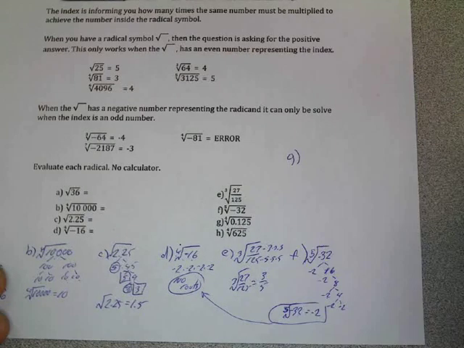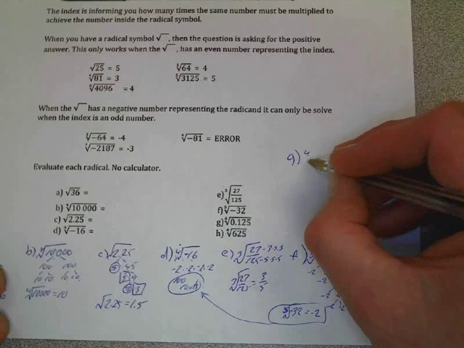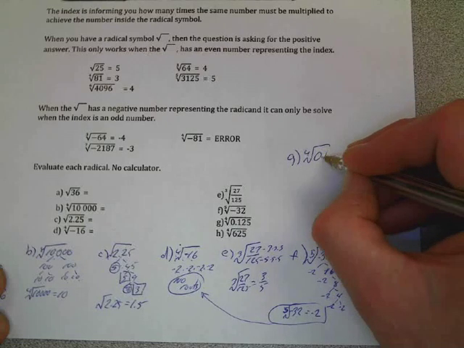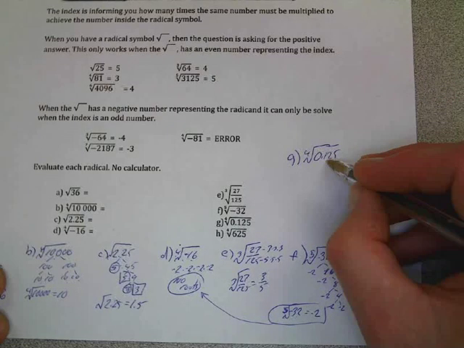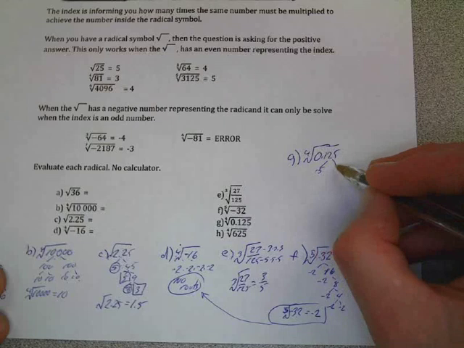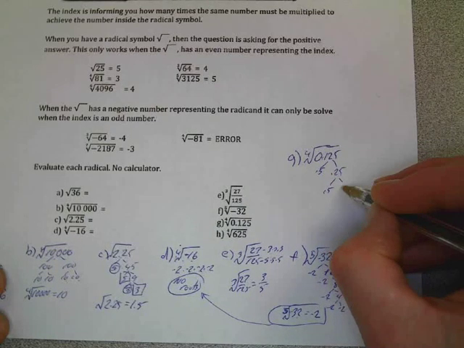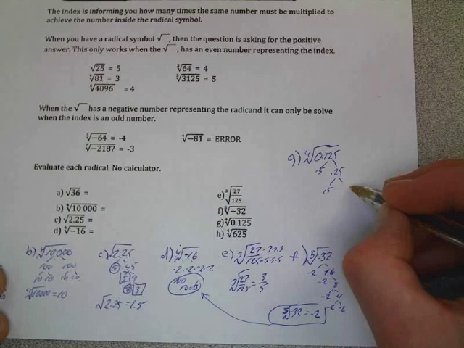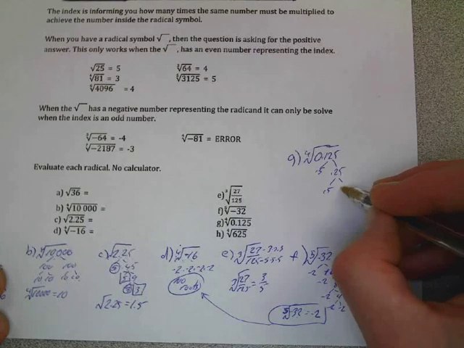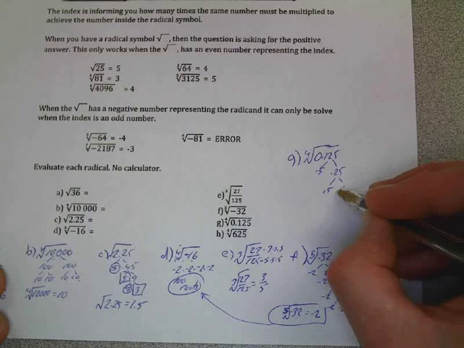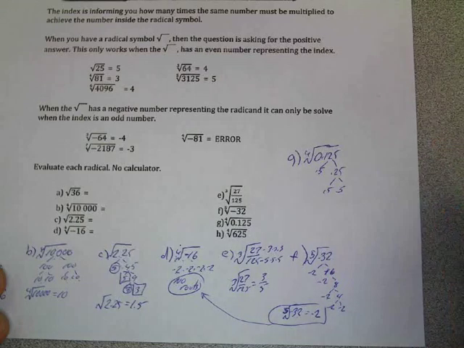G, the fourth root of 0.125. So once again, 0.5, and this is 0.25. This is 0.5, and this is equal to 5.5, and that doesn't work.